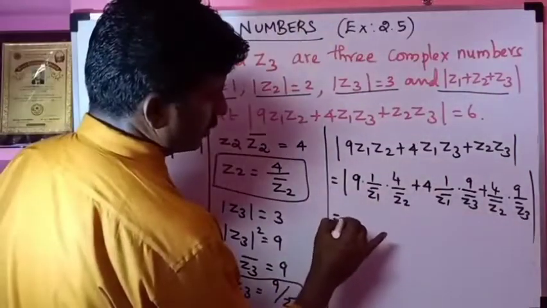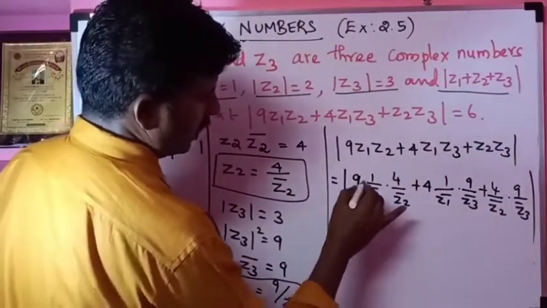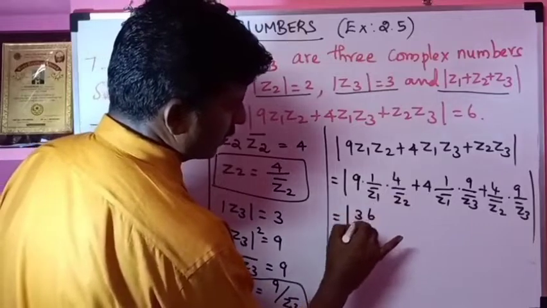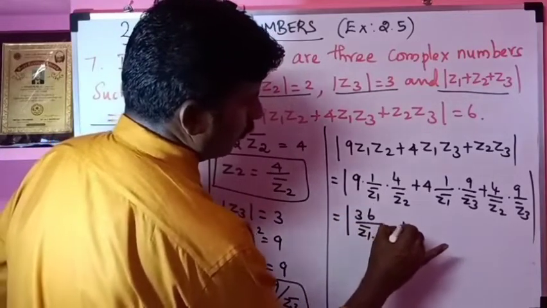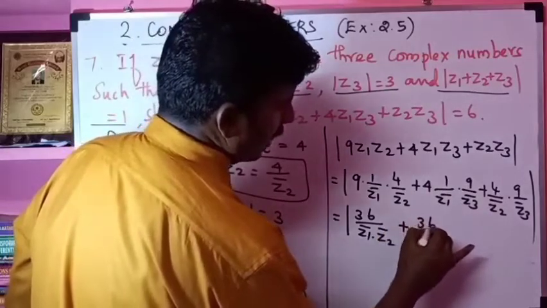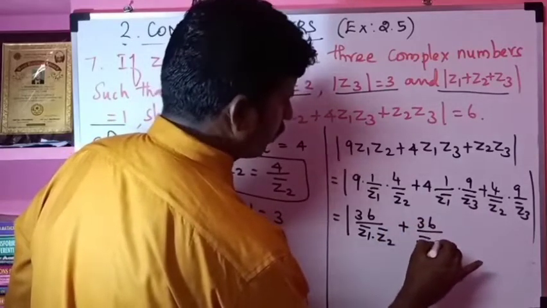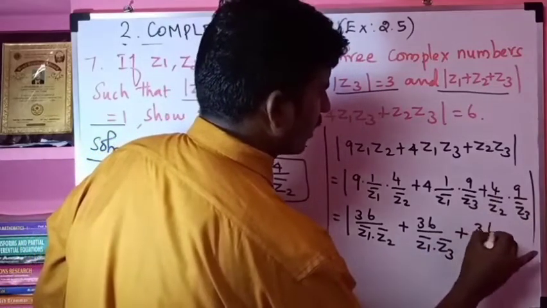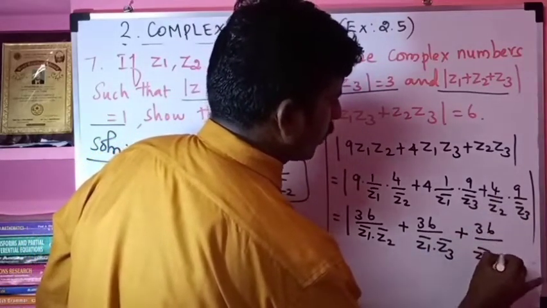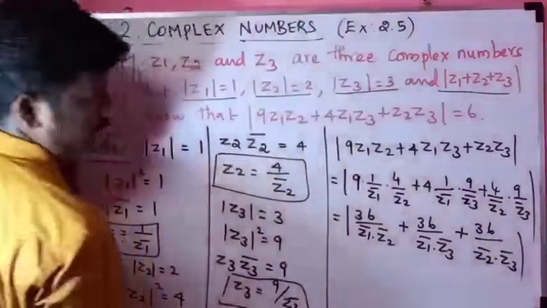So this is equal to 9 4s are 36 by z1 bar z2 bar, plus 4 9s are 36 by z1 bar z3 bar, plus 4 9s are 36 by z2 bar z3 bar. Right?